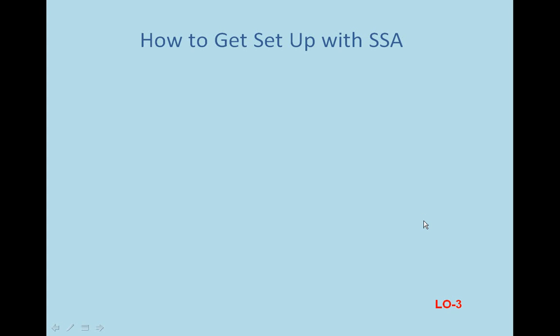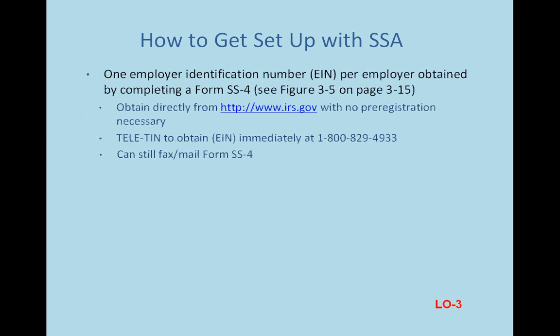So to get set up with the Social Security Administration as a self-employed person, we get that employer identification number. It can be your Social Security number as a self-employed person. You complete that particular form. We have a picture of that form, and I'm going to stop and go show you that form from the textbook just so we see it and we're aware of it.